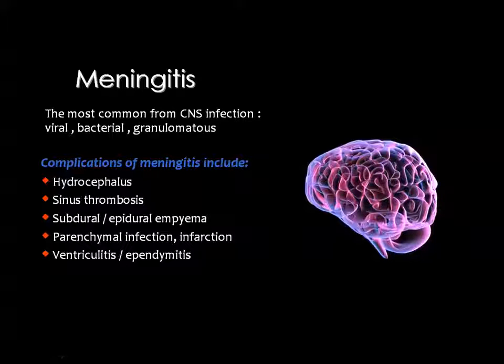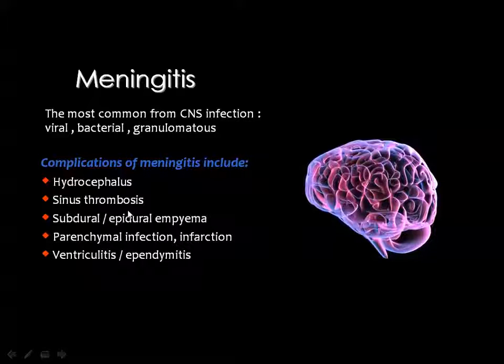Then we come to the issue of meningitis. Any meningitis can be caused by viruses or bacteria or granulomatous lesions. And meningitis may result in hydrocephalus, which is the communicating obstructive type.